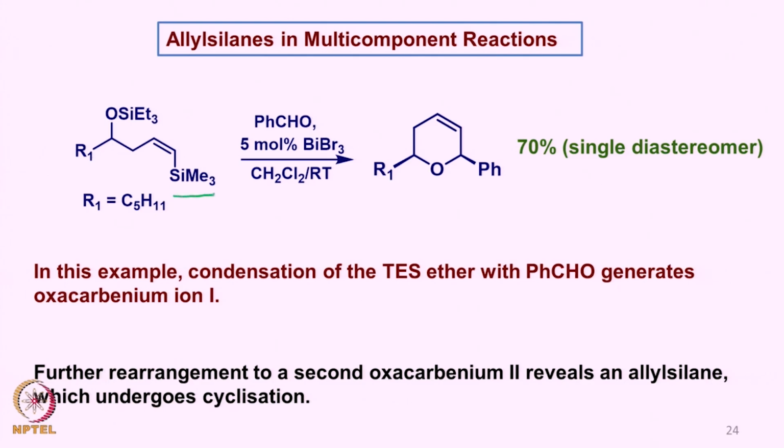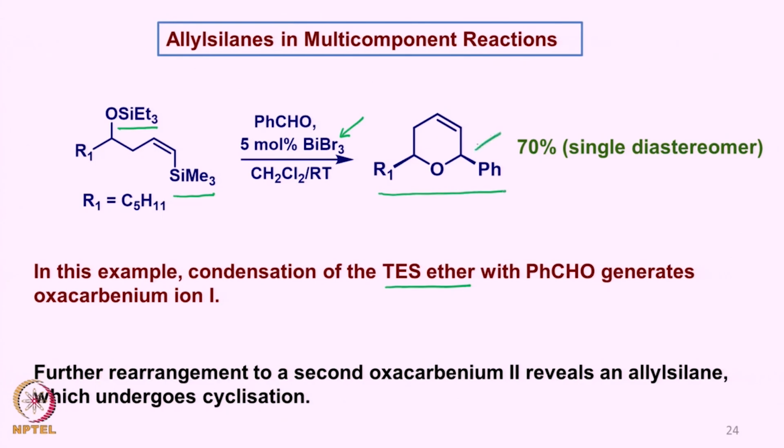However, it is very interesting because now we have another moiety in the starting compound, which is triethylsilyl ether, that reacts with an aldehyde in the presence of a Lewis acid like bismuth tribromide in dichloromethane at room temperature, and it gives an interesting product which is a single diastereomer.